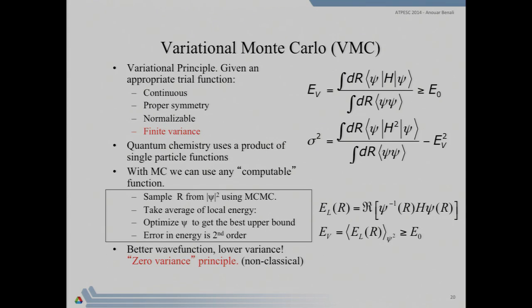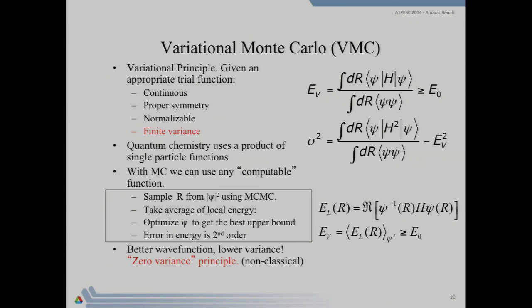So basically, the variational Monte Carlo depends on the variational principle, which, like any variational principle, allows us to bound our wave function with a max and a min. If we start with an appropriate trial wave function as a start guess for our Monte Carlo simulation, the trial wave function needs to present very few constraints.